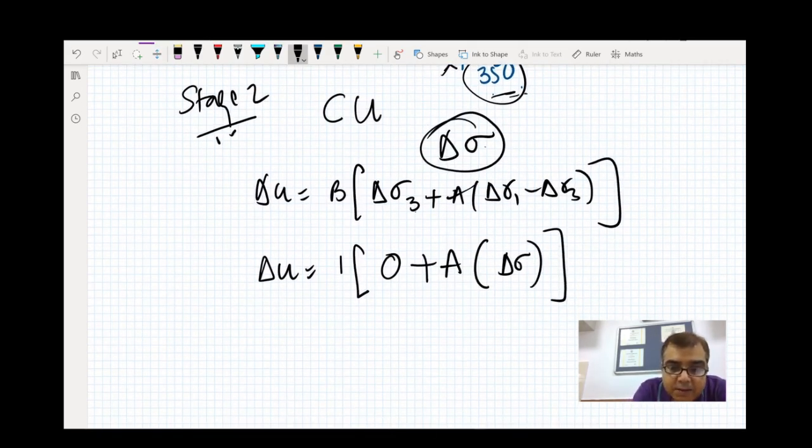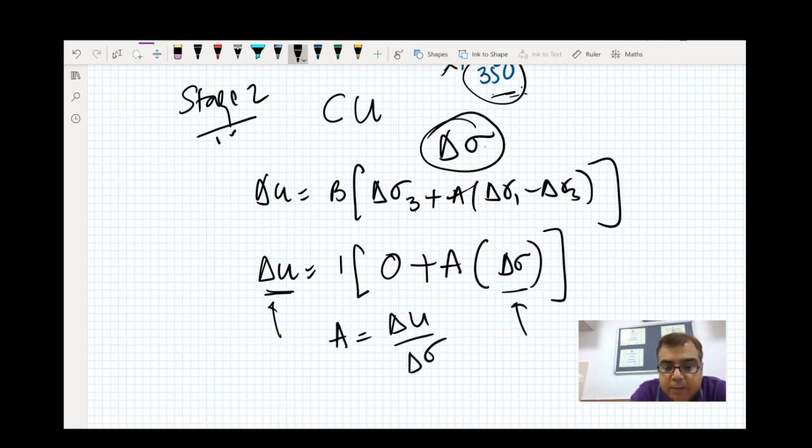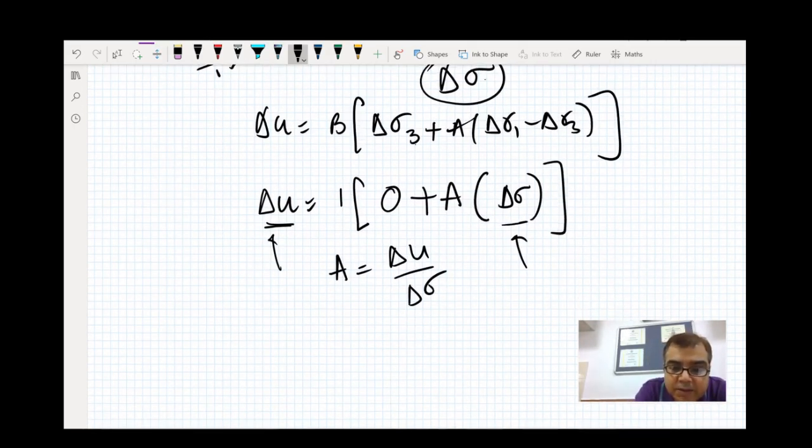Now in the usual case, if I'm doing an undrained case, my delta U is a measured quantity from the triaxial test. Delta sigma 1 is the one which you have applied. So in other words, I can now calculate A at every step of the loading. You must remember that A is always a change. It's a change of pore pressure divided by change in sigma.